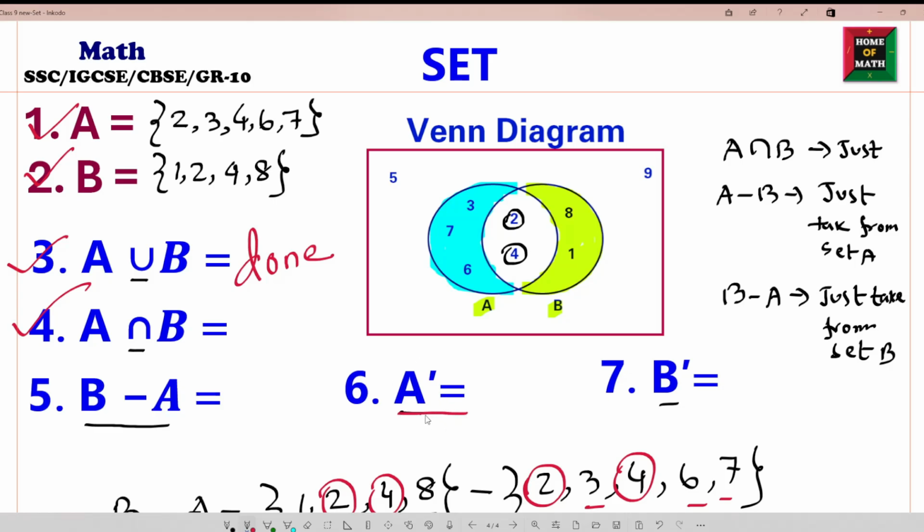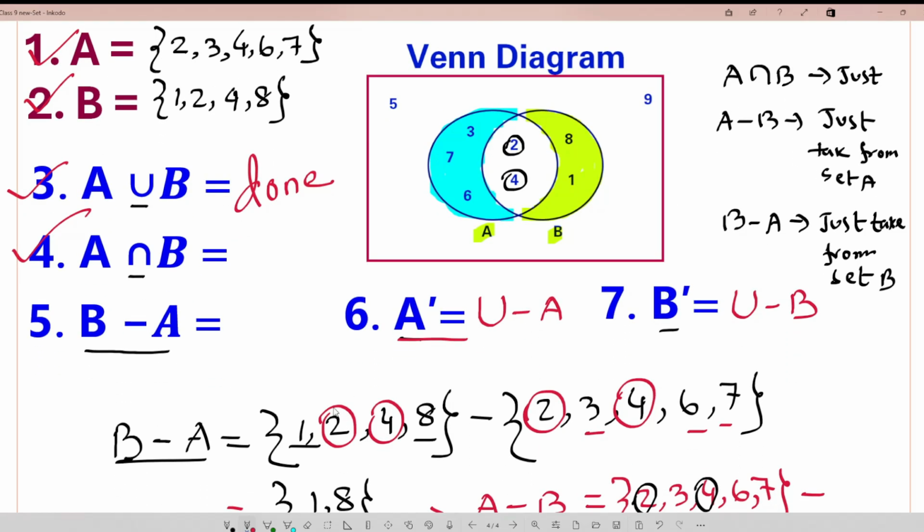Now our next question, complement set of A. For this one we have to know about the universal set. Complement of A means universal set difference A, complement of B means universal set difference B. In this case, the universal set is all elements which are in A, B and outside AB.